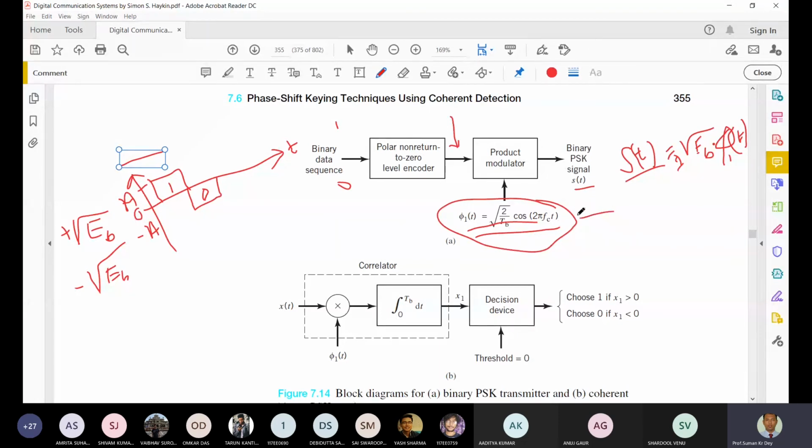If we compare with that signal, we can say this is acting as a carrier. Now, in the coherent detection, what is there at the receiver?